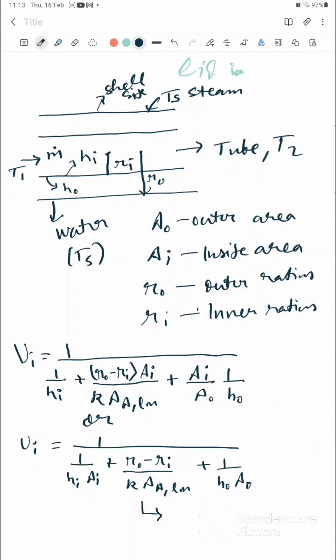This is 1 by 2 pi K L ln R2 by R1, or in case here R naught by Ri, and we know the relation that Ui Ai is equal to U naught A naught.